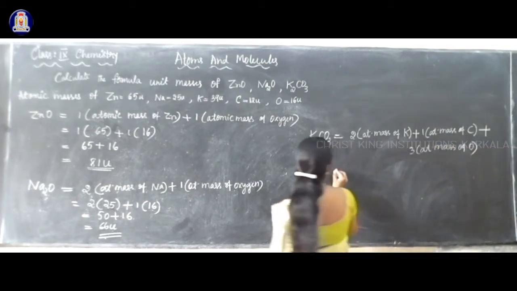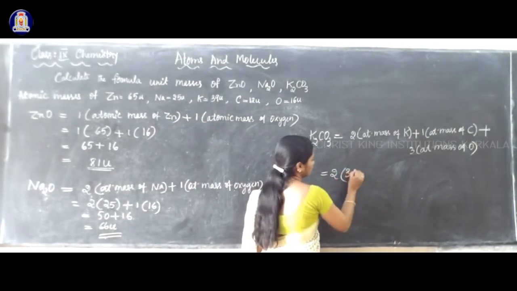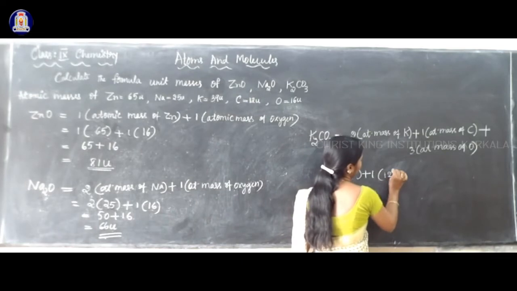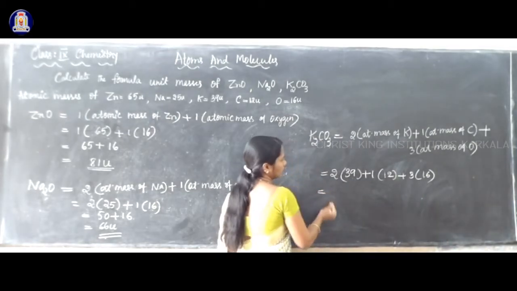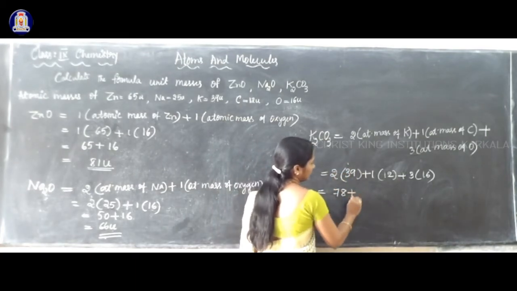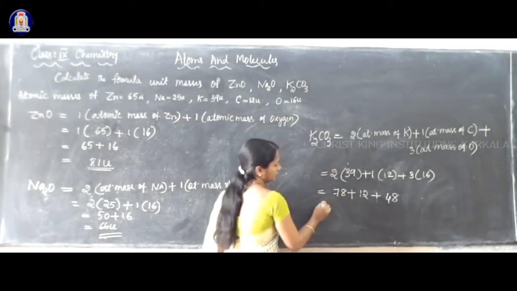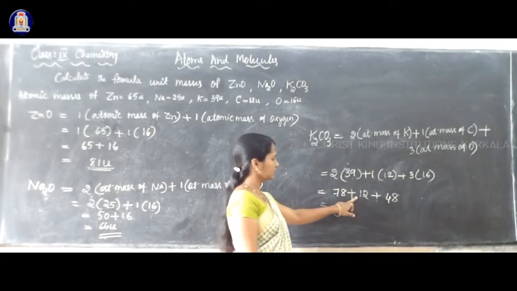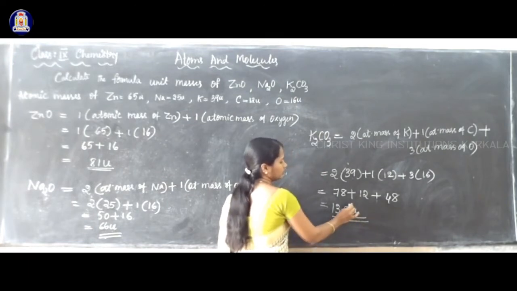Substituting, 2 into atomic mass of potassium 39 atomic mass unit plus 1 into carbon 12 plus 3 into oxygen 16, which is 78 plus 12 plus 48, which is 138 atomic mass unit, 138 u.